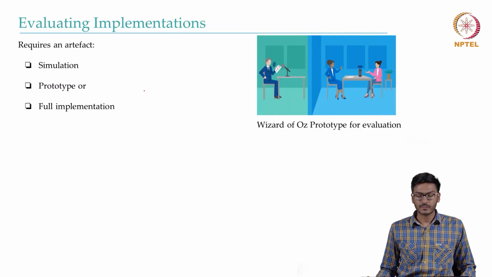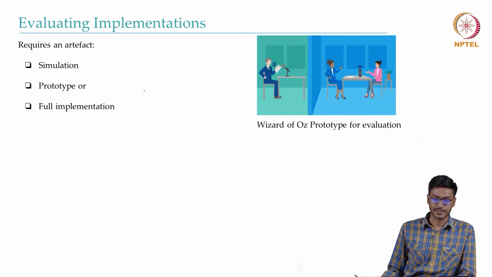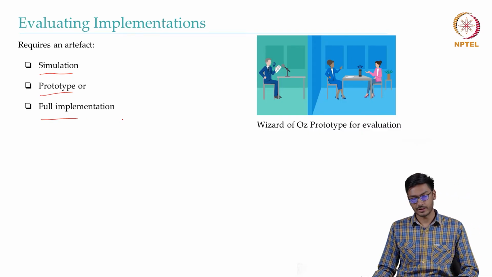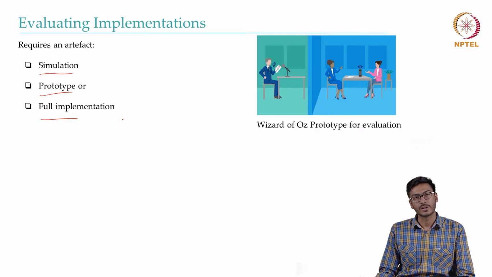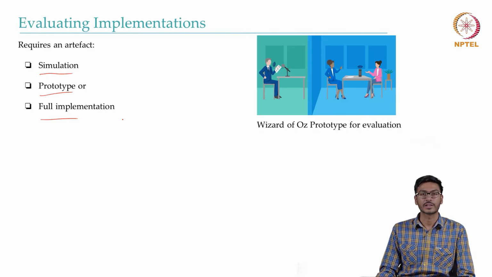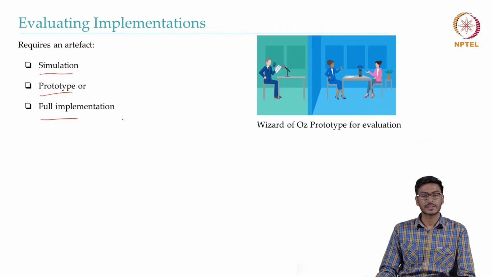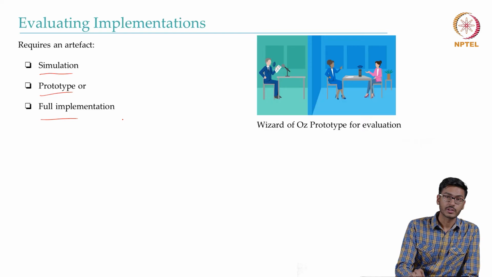Well, evaluating implementations. For evaluating an implementation, we require artifacts. They may be simulation, prototype, or the full scale implementation. By simulation, we mean that we simulate the conditions which allow the users to evaluate how the product is going to be functioning under certain circumstances. It also means that the user gets to experience the real world application of the product.